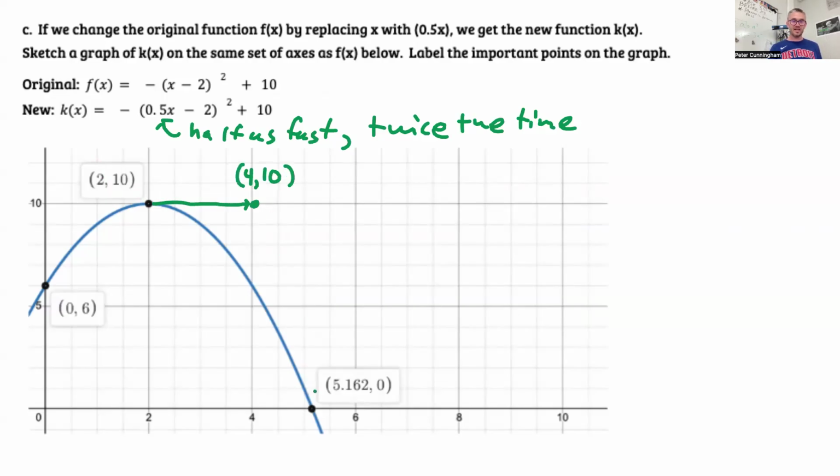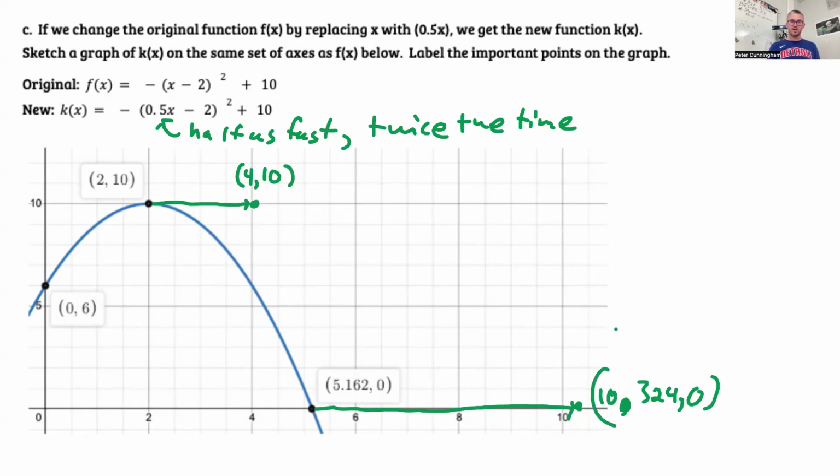Instead of hitting the ground after 5.162 seconds, it's going to take twice as long to do that. So all the way over at, what was it exactly? 10.3240.